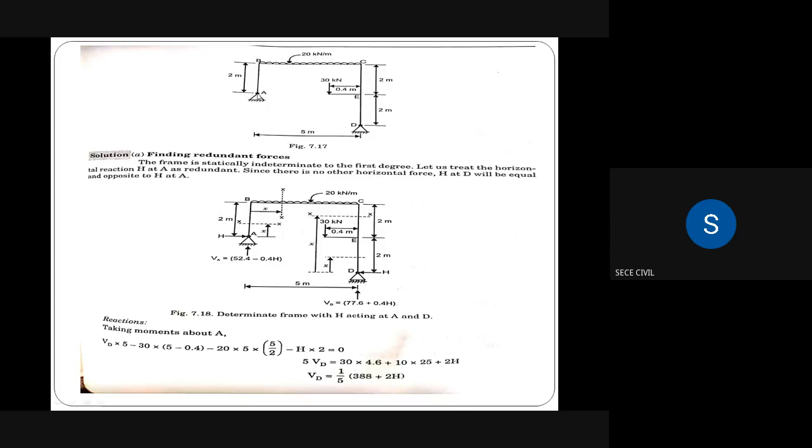If the horizontal reaction at A acts to the left, the horizontal force at D will be the same value, acting in the opposite direction.